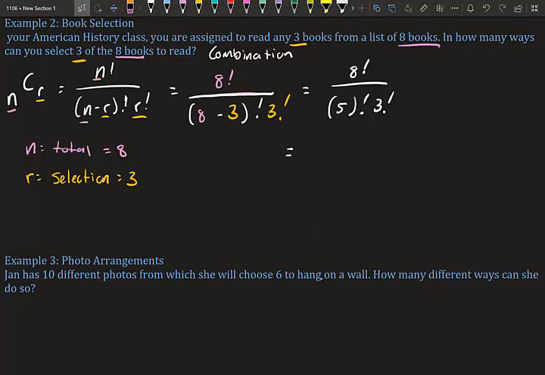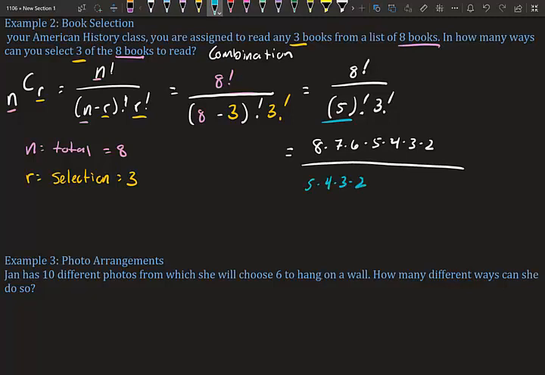So 8 factorial, remember that's 8 times 7 times 6 times 5 times 4 times 3 times 2. We don't need 1, because it doesn't change anything. And then for 5 factorial, that's 5 times 4 times 3 times 2. You don't need the 1. And that's all being multiplied by 3 factorial, so 3 times 2.